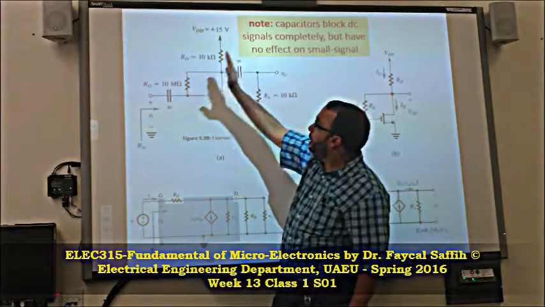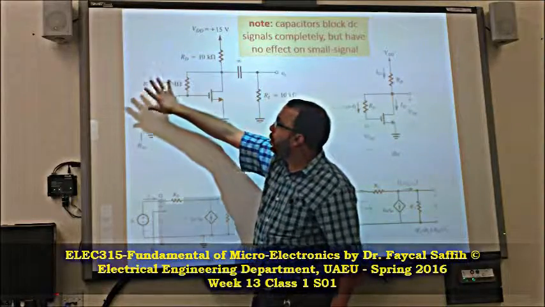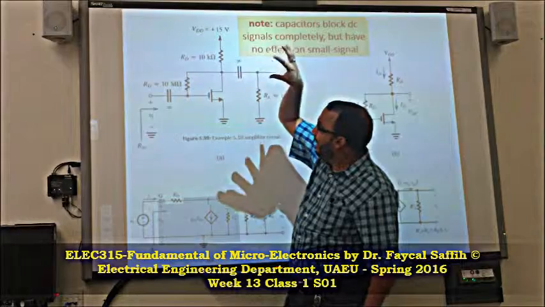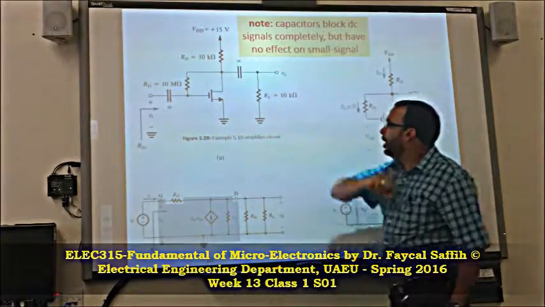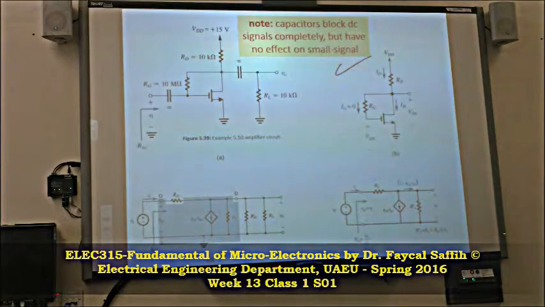So we need these capacitors to keep the DC voltage here not disturbed by the input or output, so that the transistor will work at an exact bias point. This is a very important thing.